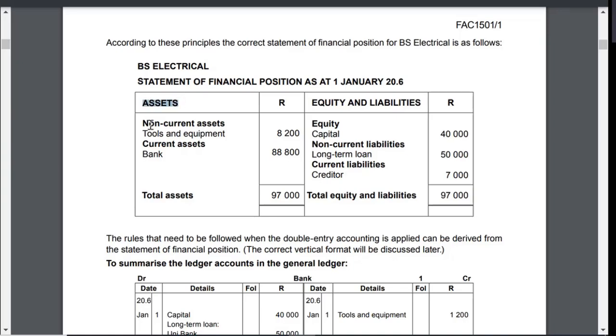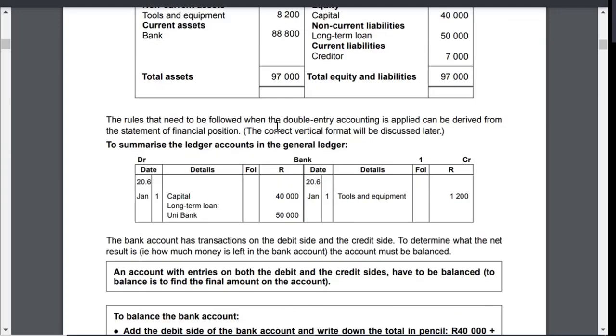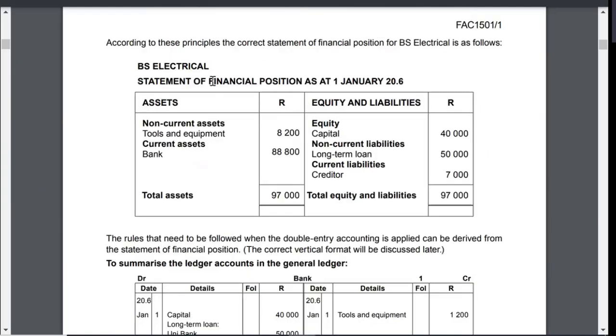The assets, tools and equipment, how did they get to 8,200 for tools and equipment? Every time you look at your statement of financial position, the balances will normally be coming from your trial balance.